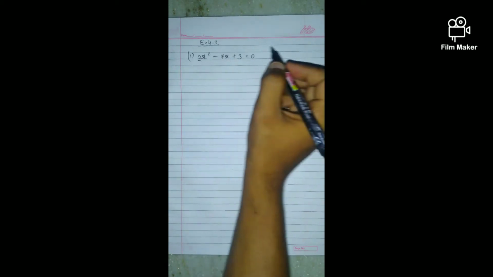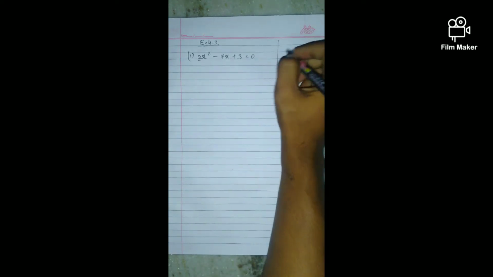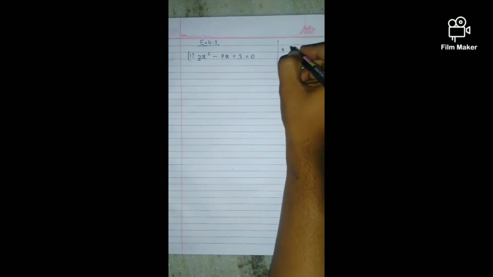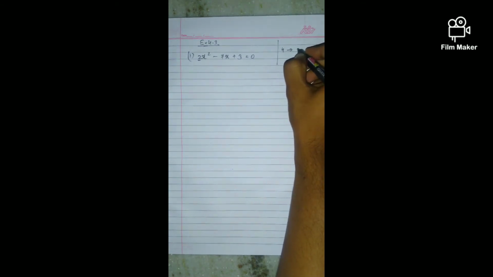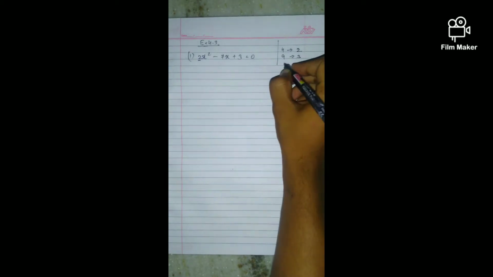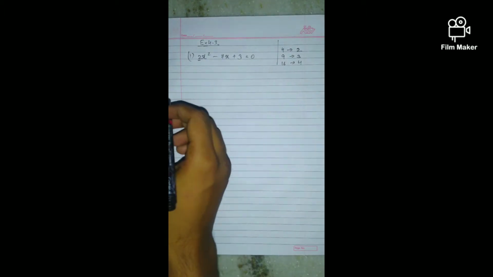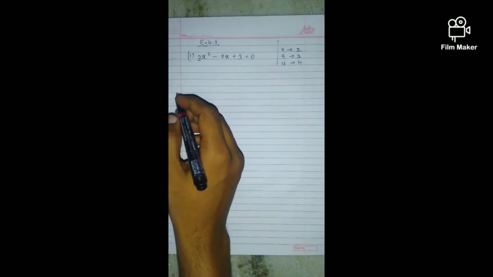Here it is 2. So answer me, is 2 a perfect square or not? What do we mean by perfect square? 4 is a perfect square of 2, 9 is a perfect square of 3, 16 is a perfect square of 4. Is this a perfect square? I guess it's no.